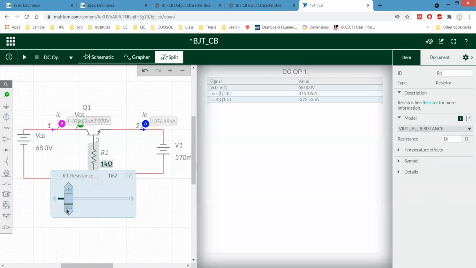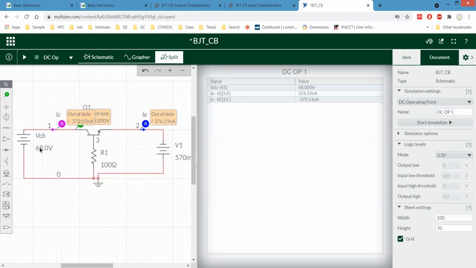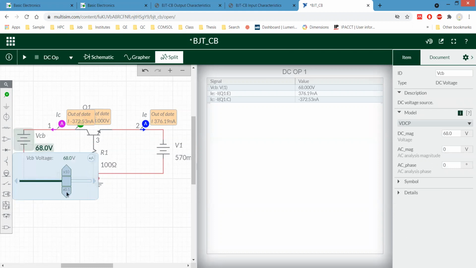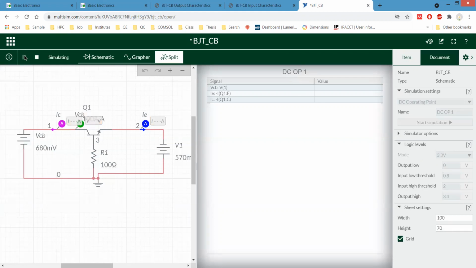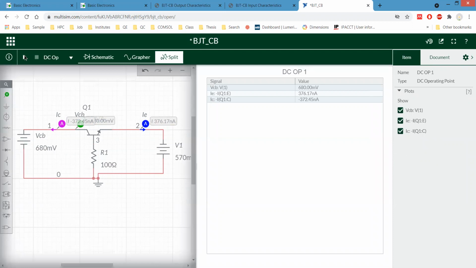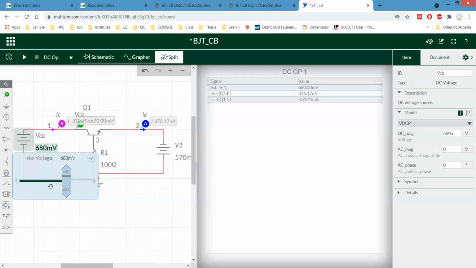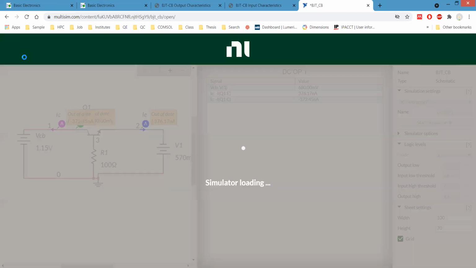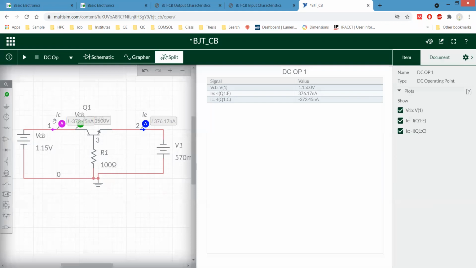Let me change this value to 200 ohms. Actually, that is due to this limiting resistor. Now the IC is in nanoamps, 372 nanoamps. I don't think it is saturated. No, it is saturated. So both of them are going to the saturation region.